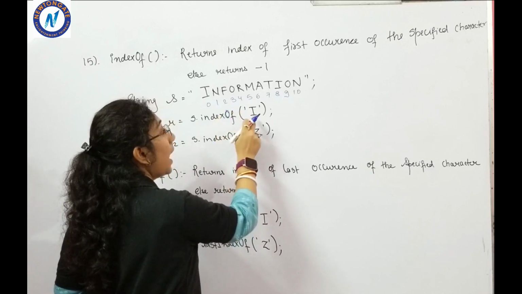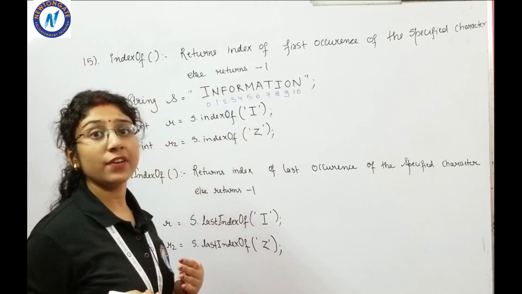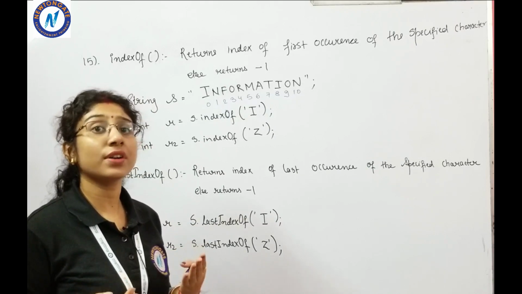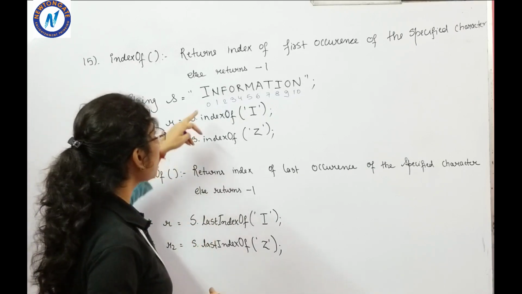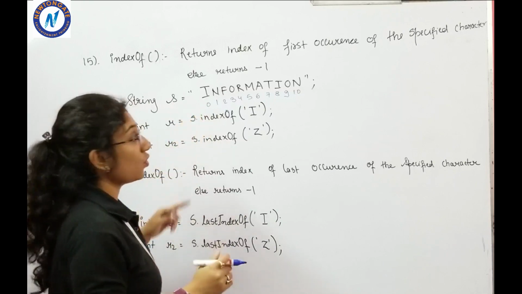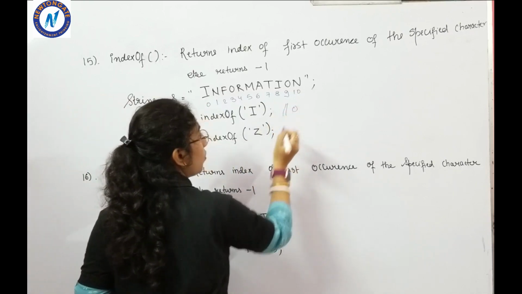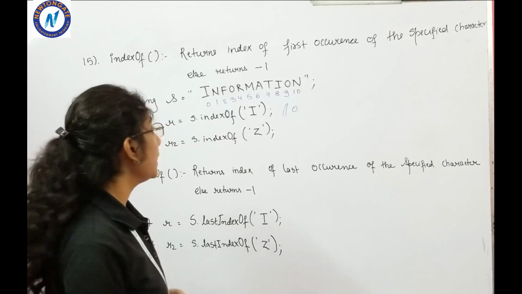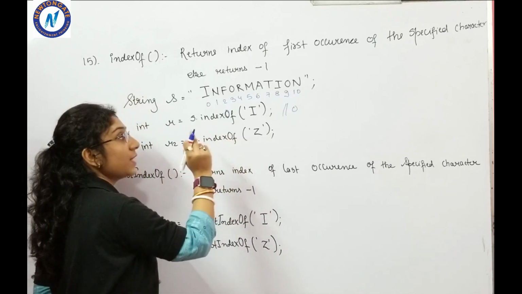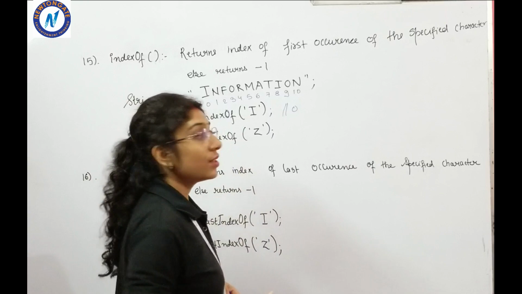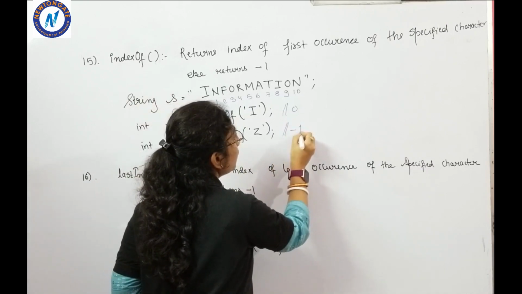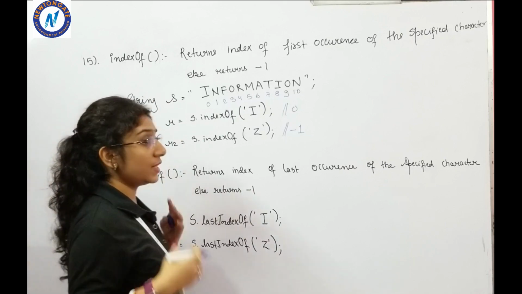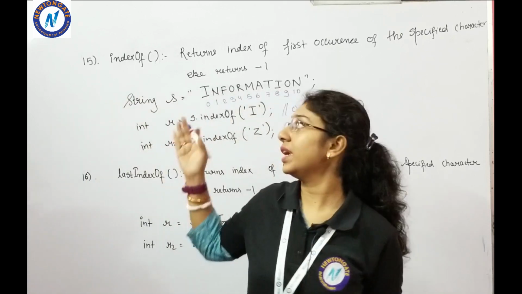It will return the index position of the first occurrence of I. The first occurrence is at position 0, so it will return 0. But if the character is not present in the string, like here I have passed z, but z is not available, so it will return -1. Clear?